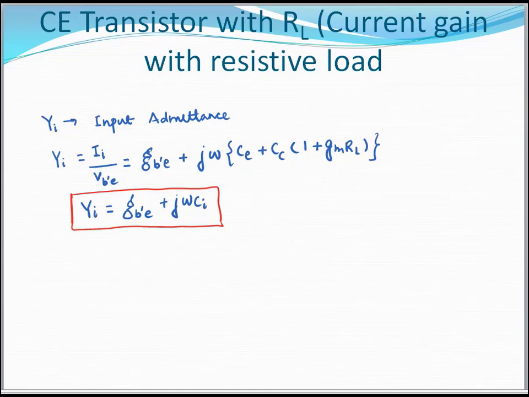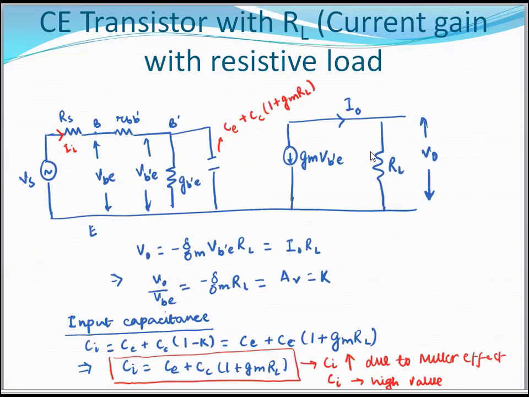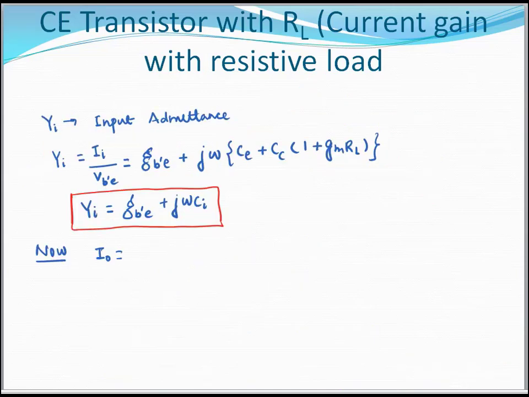Further, now I naught, we have to find the value of current again. So I naught is what? I naught is equal to minus of Gm Vb'e, and Ii is equal to Vb'e Yi, that is input admittance.